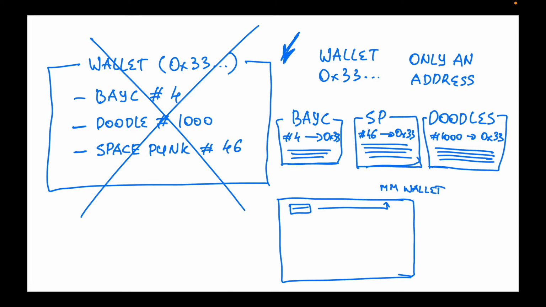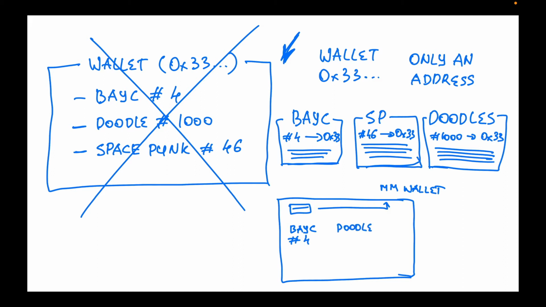And then we want to show all of the NFT tokens that are in that wallet. Now, since we know that a wallet is merely an address, where do we query this information from?